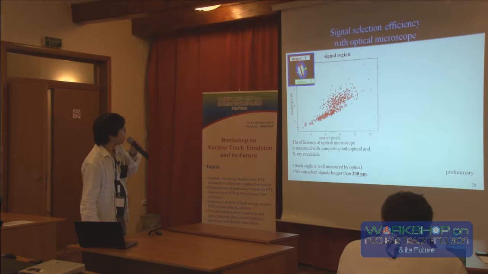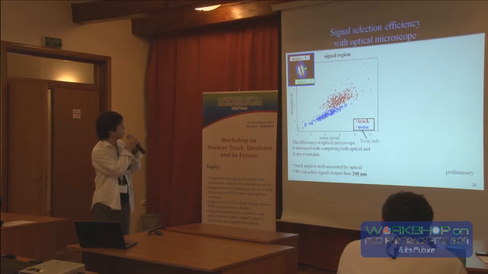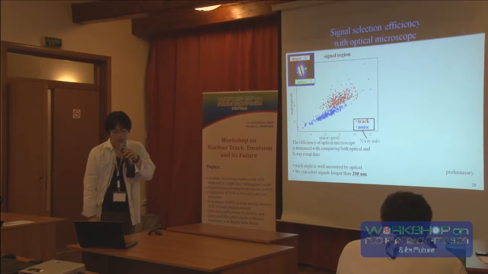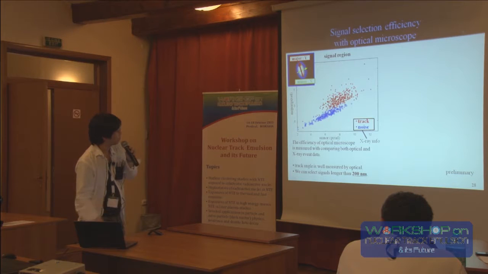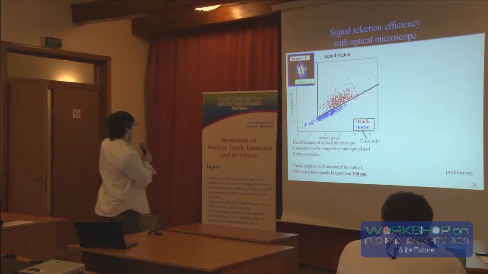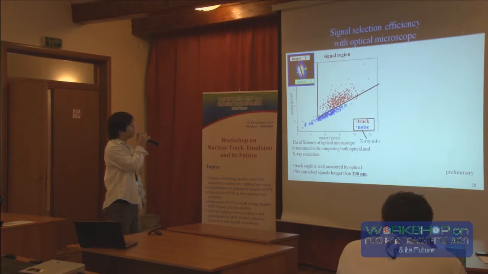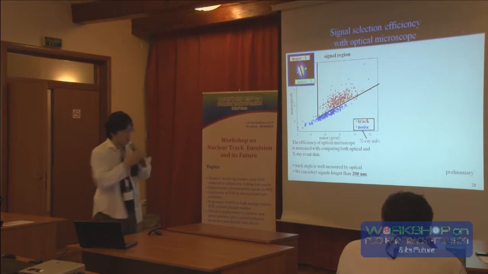If we add the X-ray microscope information, we can reject the noise. This is almost constructed from a single grain, but in the optical image it becomes a little ellipse-like. With this information, we can draw a cut line between these two.